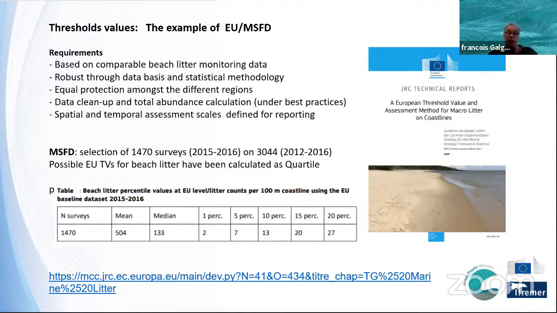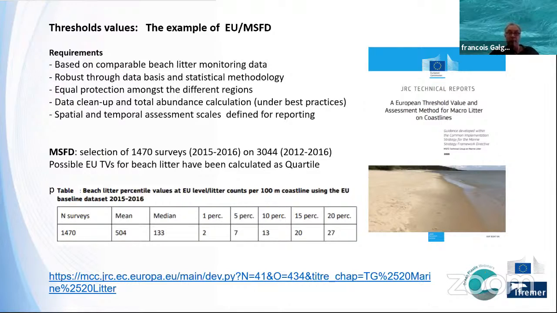And it took a long time to decide because at first it was proposed to have 10%, and some countries were not agreeing on that, saying that it was too constraining in terms of target, because at the end, thresholds will become the targets, the political targets. That's the reason why the policymakers are deciding on the targets.